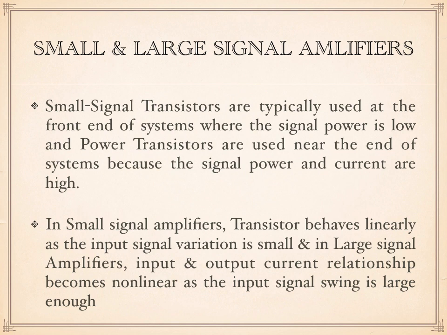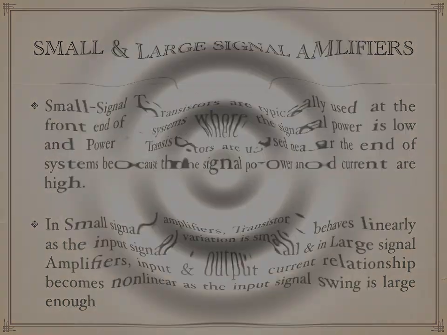The output characteristic curves of a transistor, you must have seen the curves, are neither equidistant nor straight lines. As the large signals pass through all these curves, the non-linear behavior of the transistor comes into picture. For small signals, this is not the case, so the transistor behaves linearly.